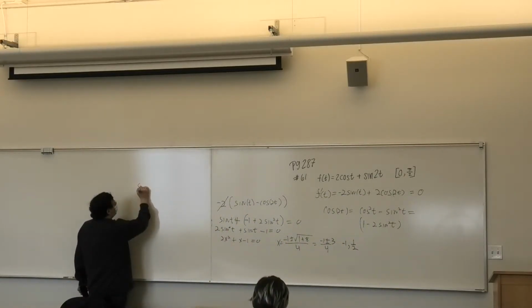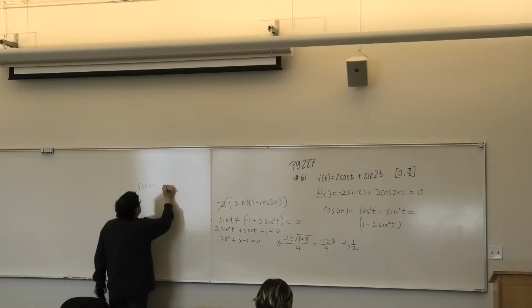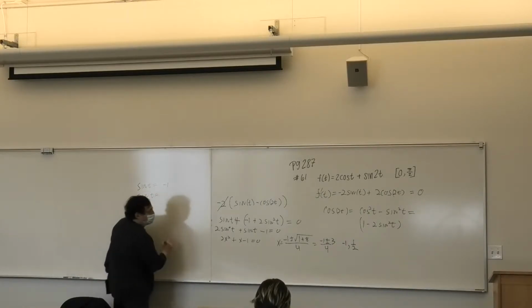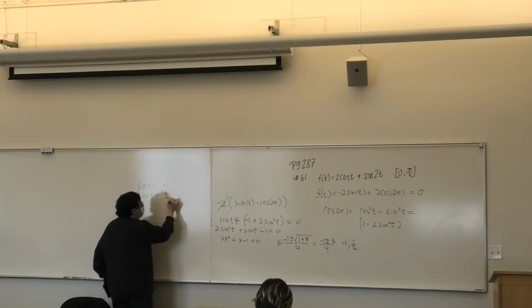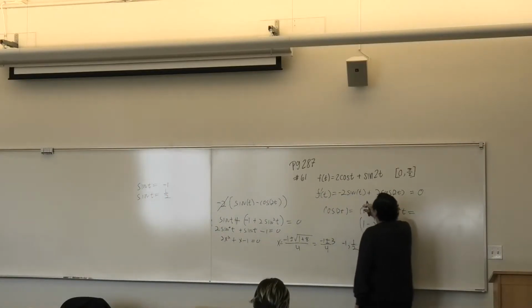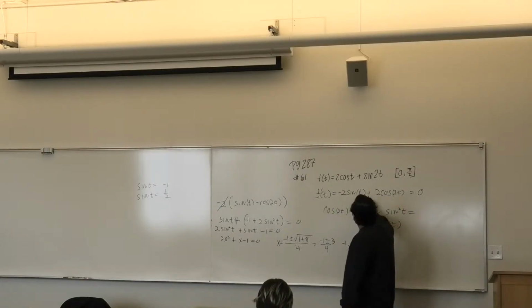So we have either sine of t equals -1 or sine of t equals a half. That's where the derivative is 0. That's where the max and mins will be.